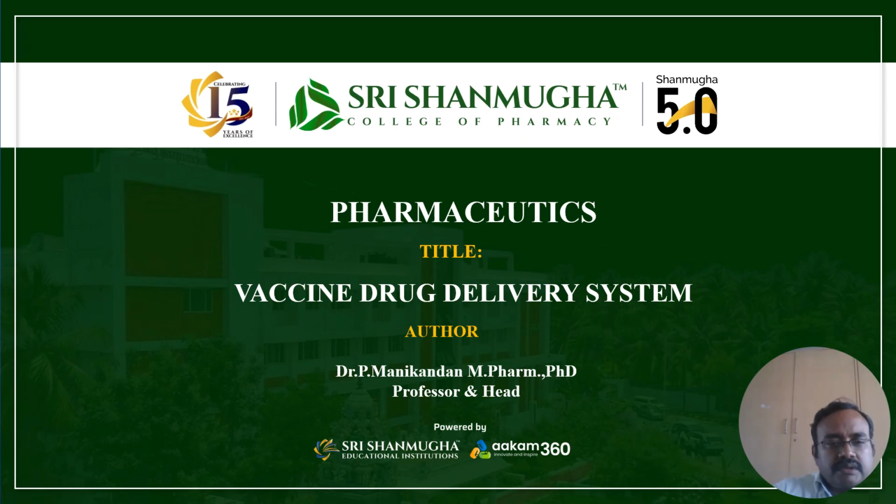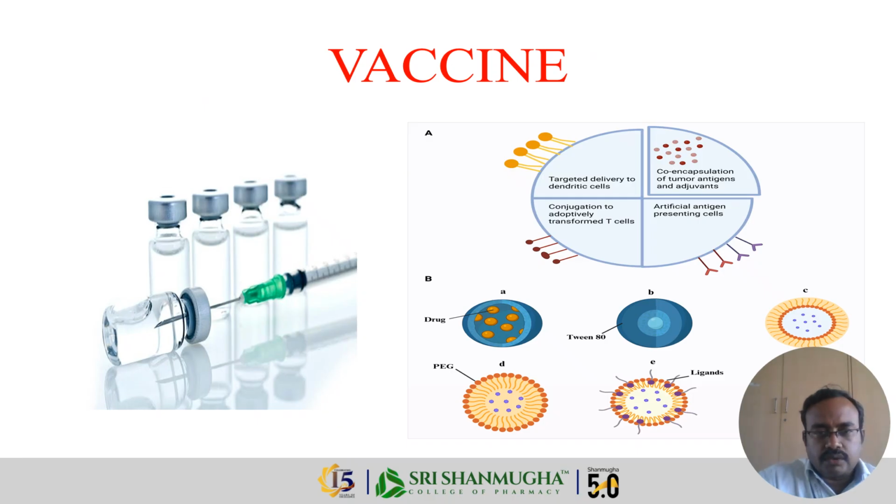Today we are going to discuss vaccine drug delivery systems. The topics discussed earlier were definitions, advantages, disadvantages, and so on. Then we will see one by one the advantages, the mechanism of action, and the various routes to deliver vaccine products.